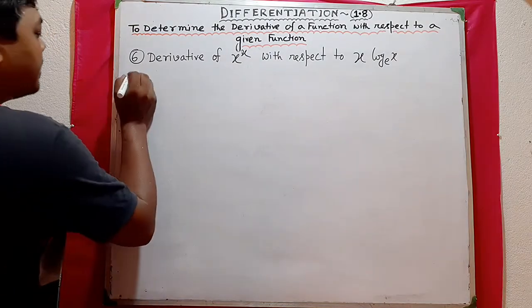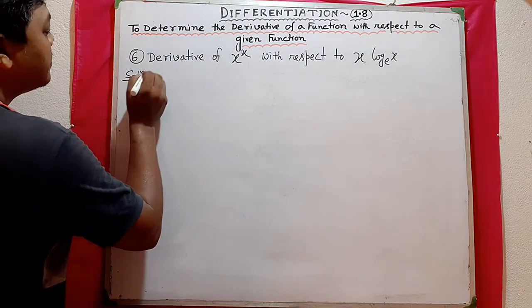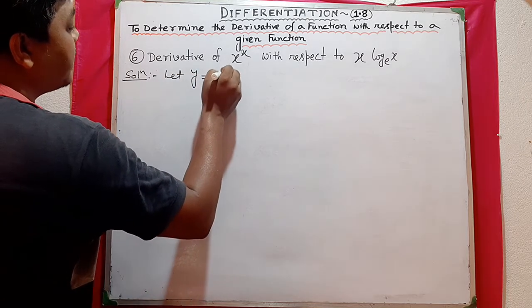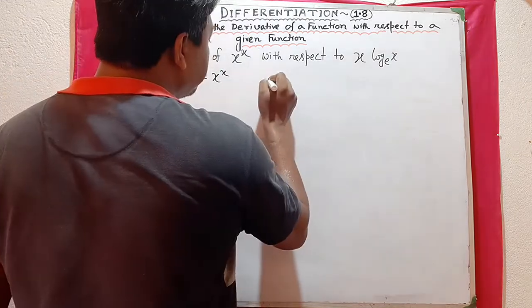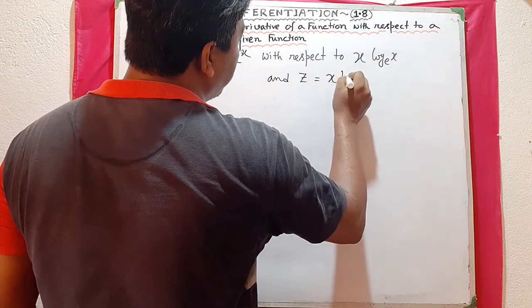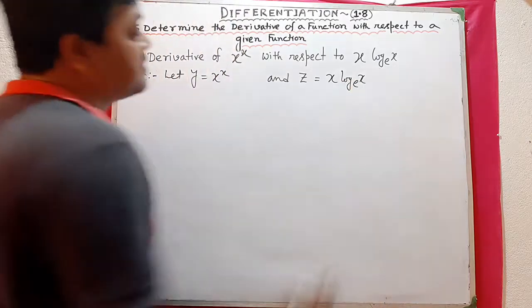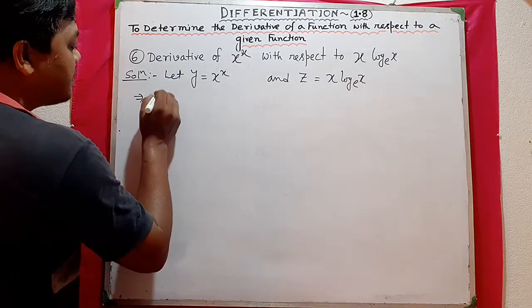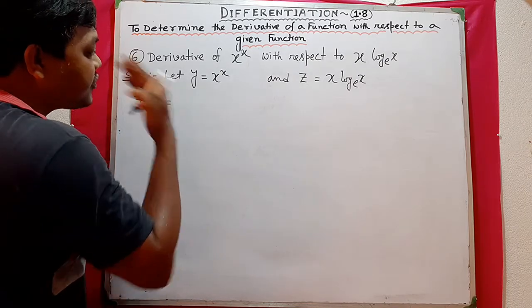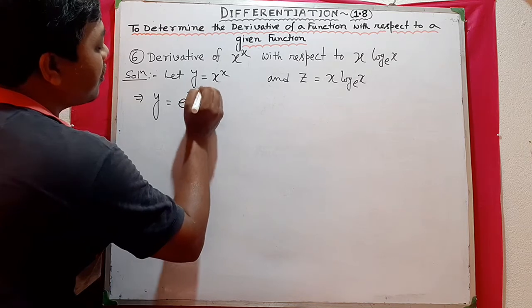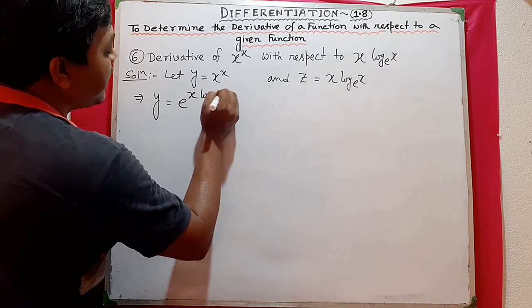So একই রকম ফর্ম, let y equals to x to the power x and z equals to x log x base e. So in the previous part we have already shown you, so x to the power x you can write down e to the power x log x base e.